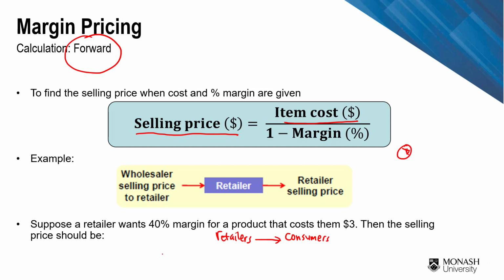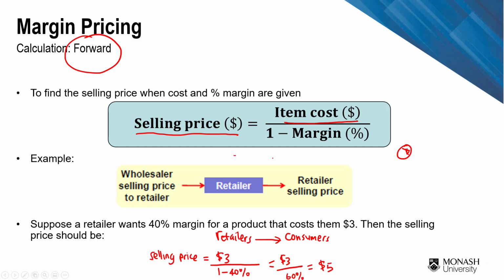The selling price is the item cost, $3, divided by 1 minus the margin, so 1 minus 40%. This gives $3 divided by 60%, and if you punch that into your calculator, you should get $5.